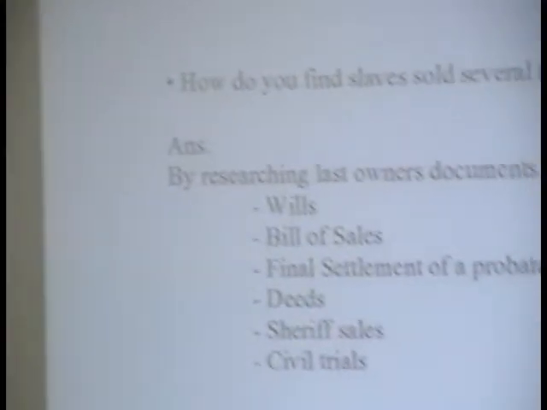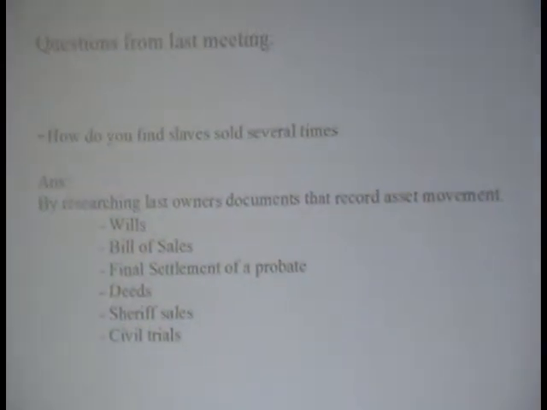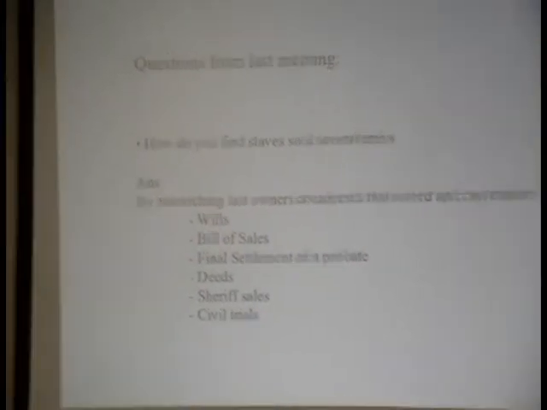Second question, how do you find slaves who were sold several times? In order to find the movement of slaves, you have to research the slave's owner and any document that owner may have created that has to do with acquisition, or documents that recorded movement of assets: wills, sheriff sales, bills of sale, church records perhaps, but anything that has to do with that owner and his selling of his goods.